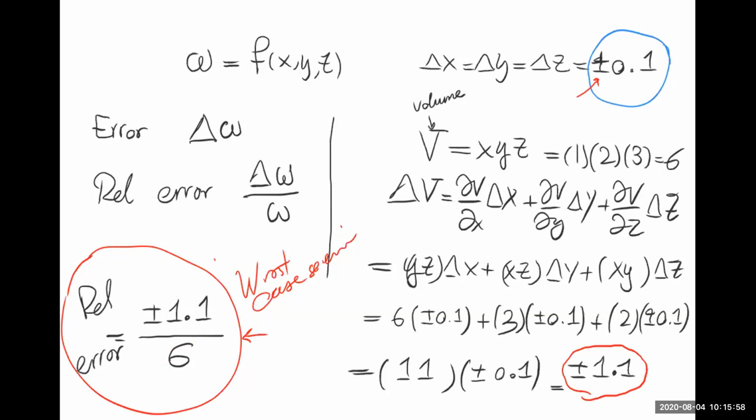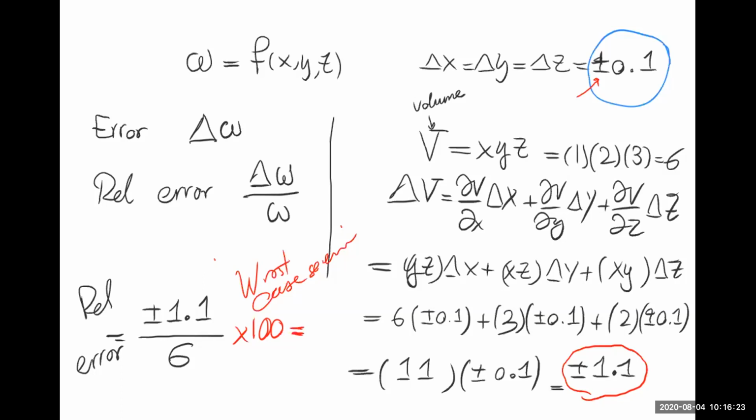Okay, so one way to get a feeling about it is, if we multiply it by 100, we get the percentage of the error, right? What is the ratio of the error? Here it is 1.1 over 6 times 100.